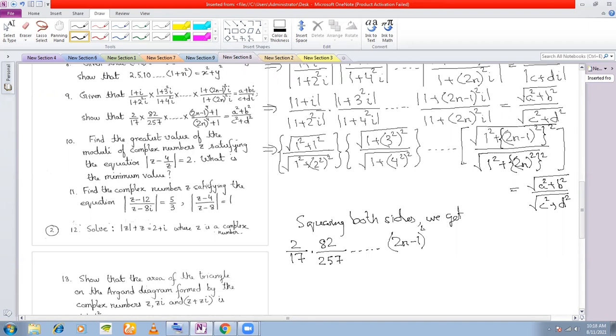We get (2n minus 1) to the power of 4 plus 1 divided by (2n) to the power of 4 plus 1 is equal to (a square plus b square) by (c square plus d square). And that is what you have to prove.